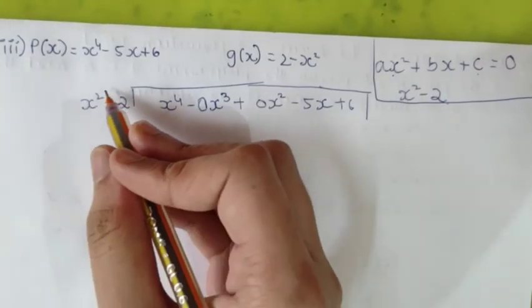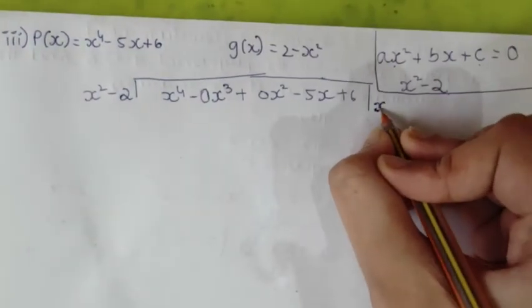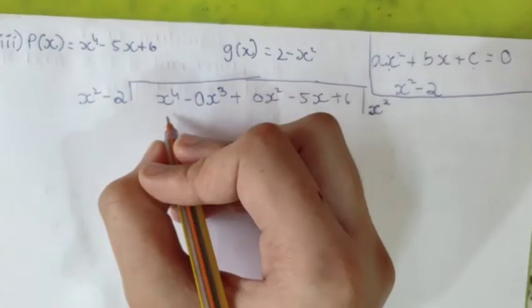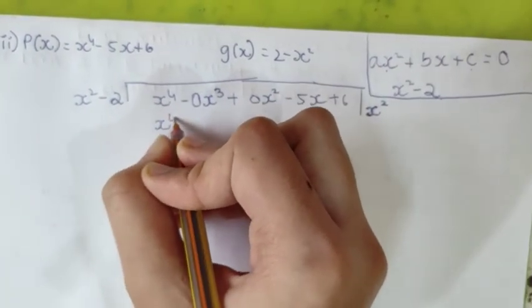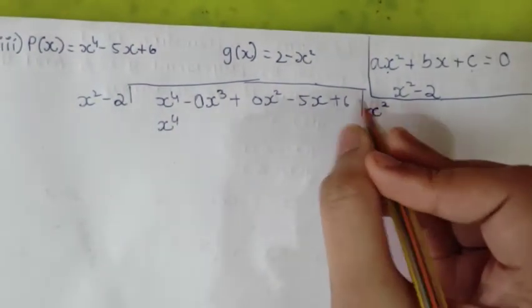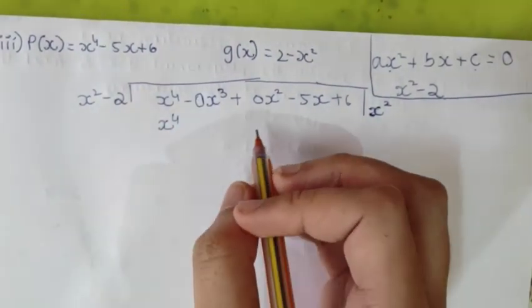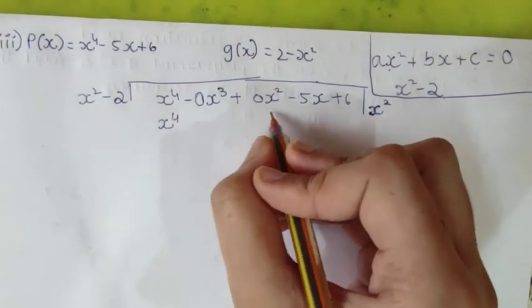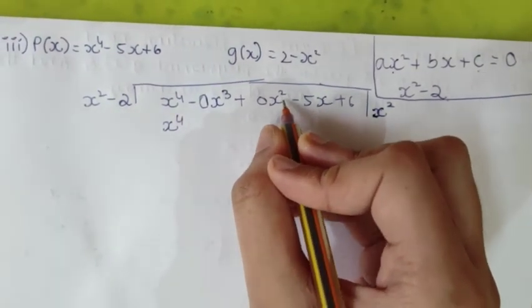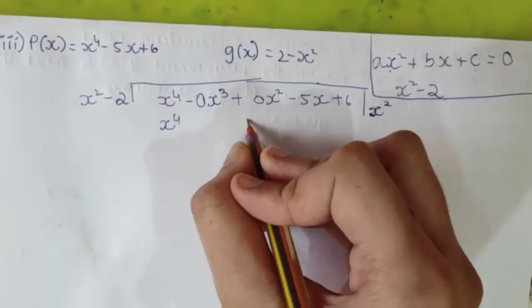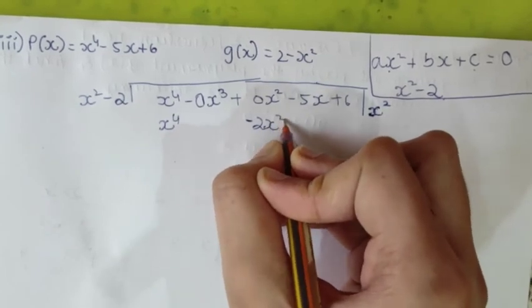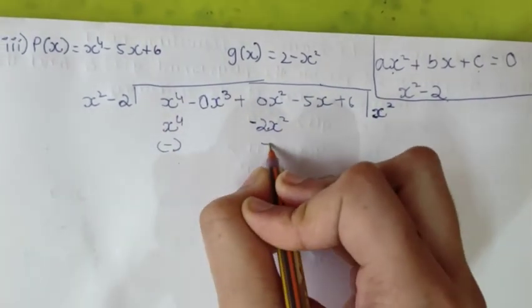So that becomes, we have x square here, and x square into x square is x^4. So that becomes x^4, and x square into minus 2, that becomes minus 2x square. So here we'll write down where x square is there. So that becomes minus 2x square. So here minus, and here plus.